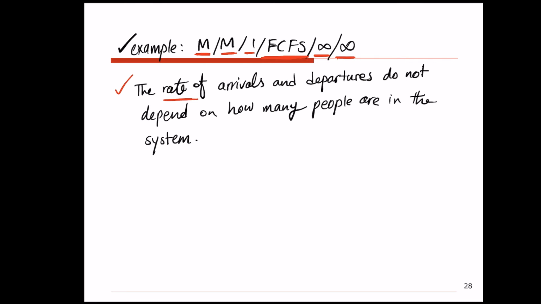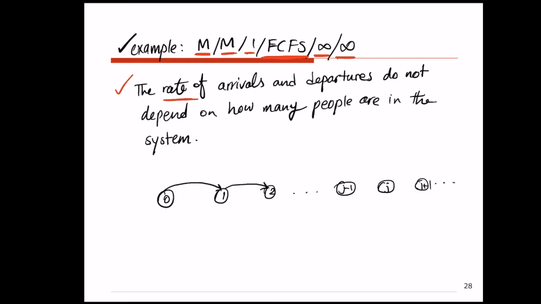So how can I draw the rate diagram? These are the possible values for the state of the system, right? For any queuing system, the possible values for the state of the system, or number of objects in the system, are 0, 1, 2, all the way to j minus 1, j, j plus 1, all the way to infinity.